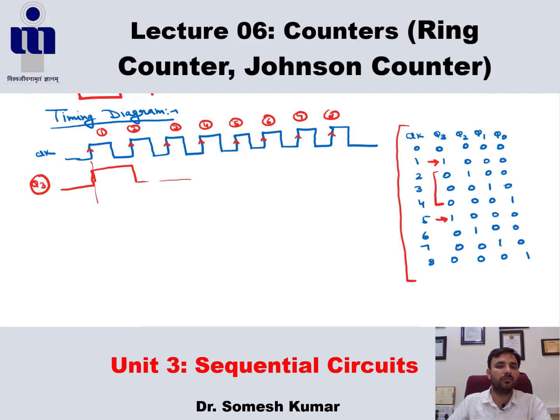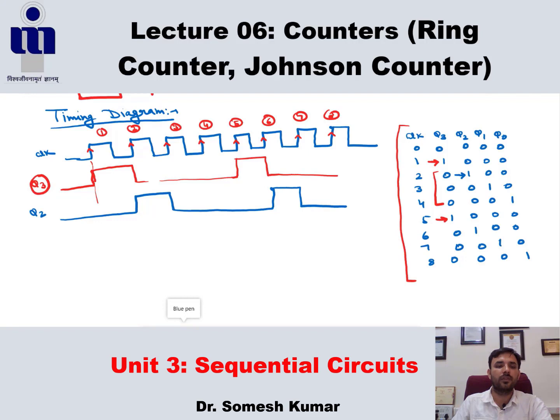And it again becomes 1 in this 5th clock like this. Now we will draw the output Q2 here. From this truth table, Q2 remains 1 in the 2nd clock, and again it remains 1 in the 6th clock like this.